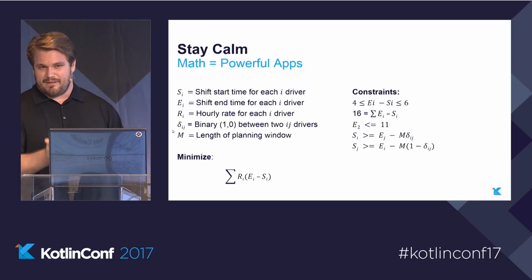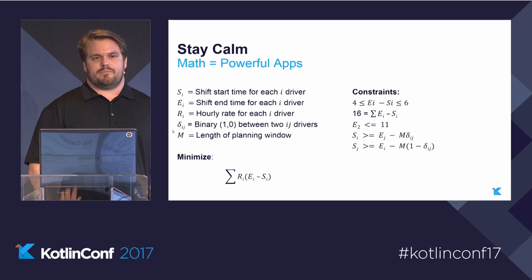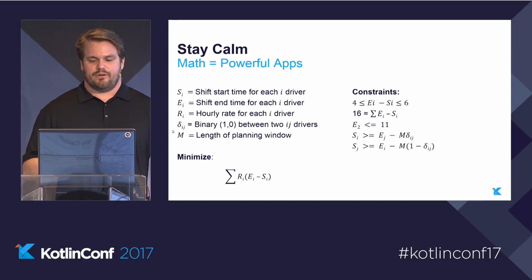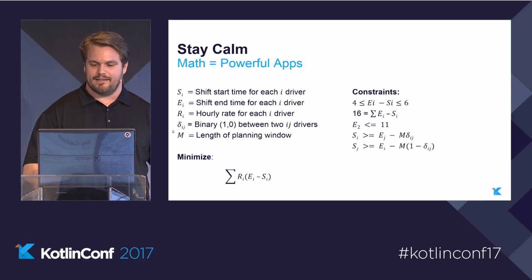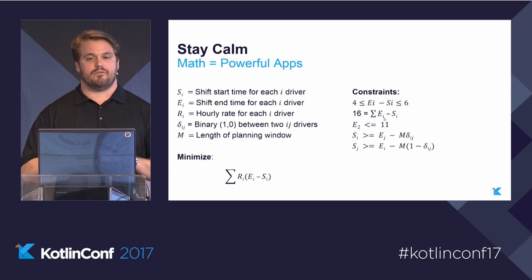And again, this is just not terribly advanced algebra. And I'm using inequalities to express that it can't be any higher than this or it can't be any less than that. And this summation symbol right here is just basically saying the sum of all the shifts must equal 16, just to guarantee that I have the entire day covered.